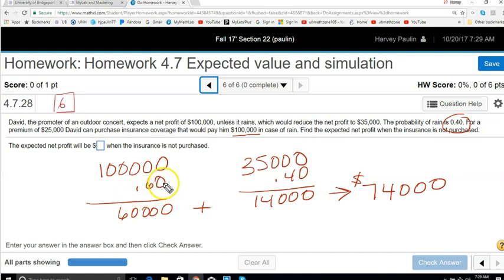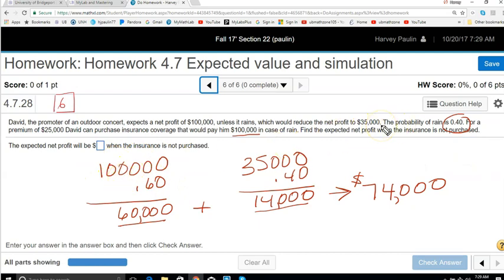So 60% of 100,000 is 60,000. Now, 40% of 35,000 is 14,000. So his expected profit is going to be this plus this, or 74,000. Now, keep in mind, in the real world, if it doesn't rain, he's going to earn 100,000.